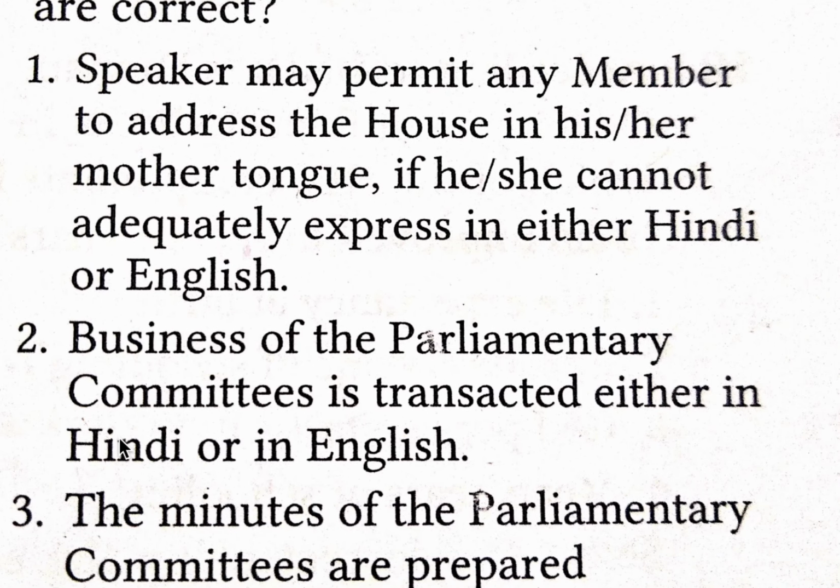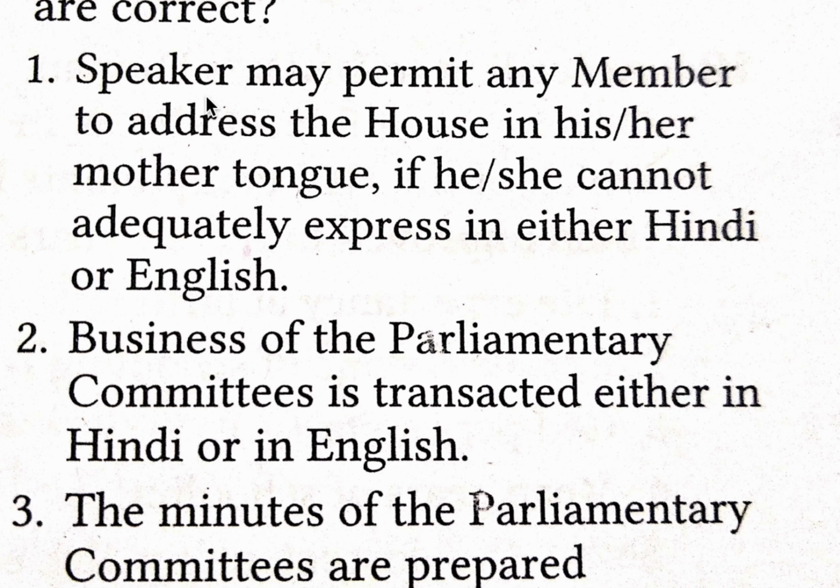So coming to these statements, the first statement is correct because, with the permission of the Speaker, if you become a minister and you don't know Hindi or English, then from any of the 22 official languages specified, you can speak in the Parliament with the permission of the Speaker.